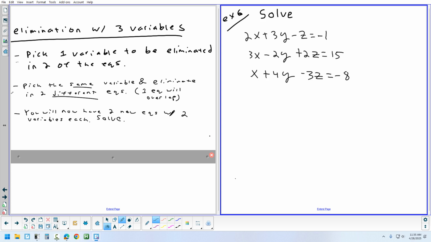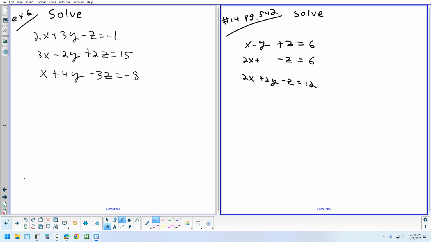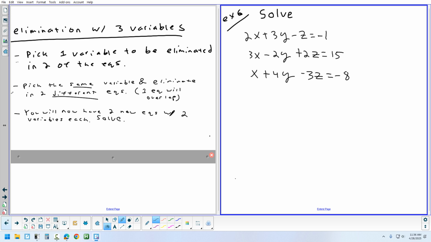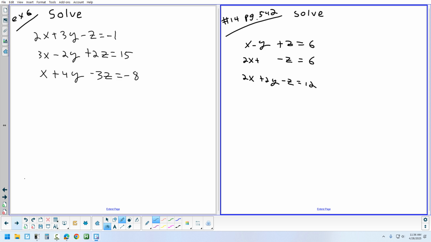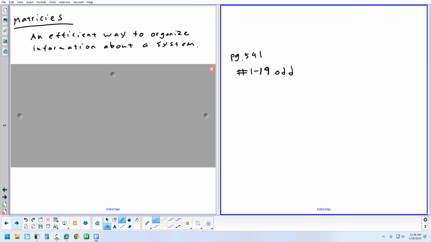So first step, you should always make sure that, if it's not done, x's are in a column, y's are in a column, z's, and then the constants are on the other side. I think most problems I give you are already going to be lined up that way, but if not, we'll make sure it's lined up. Okay, so we'll try to do this one, and then I have one more, and that's it.